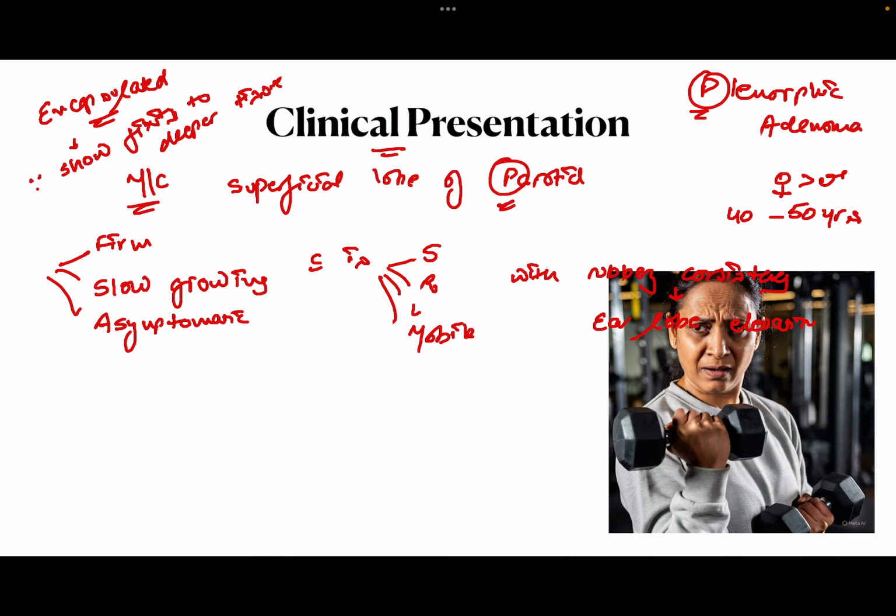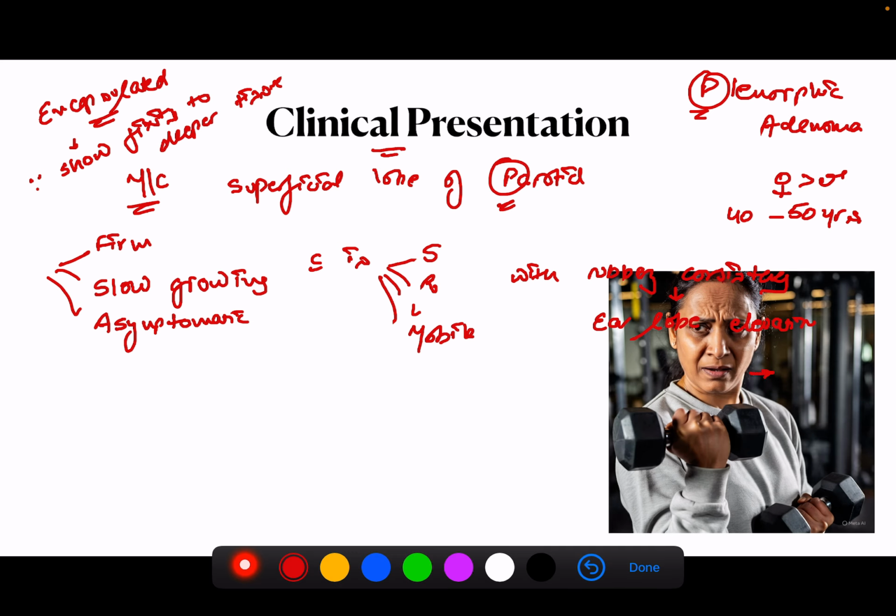So remember this via this female of approximately 40 to 50 years of age, and as you can see, she is holding dumbbells. So when both superficial and deep lobe of parotid are affected, dumbbell swelling is seen. Also, building muscles through gymming is a slow process, and firm muscles are developed.